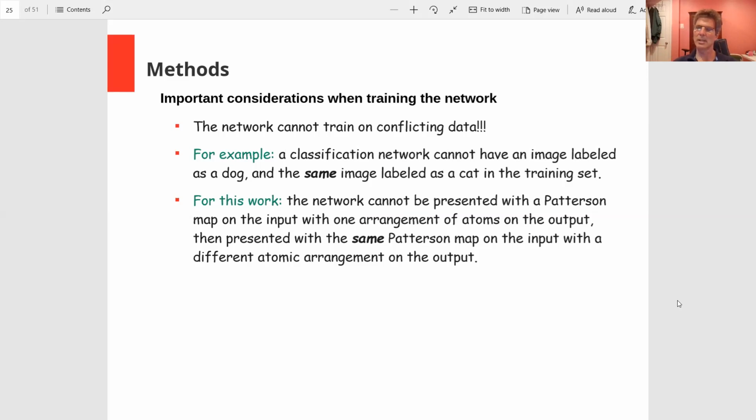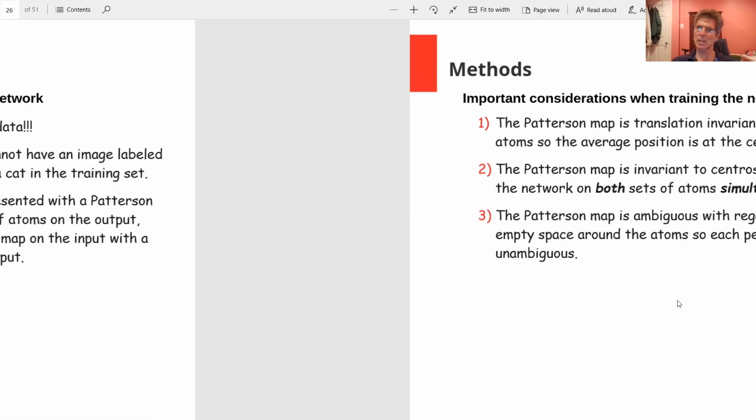If you do that, the network won't train. So there are three ways that this needs to be taken into account, and that's what I'm going to talk about now.